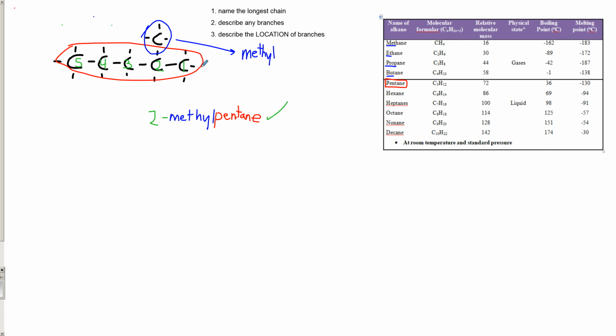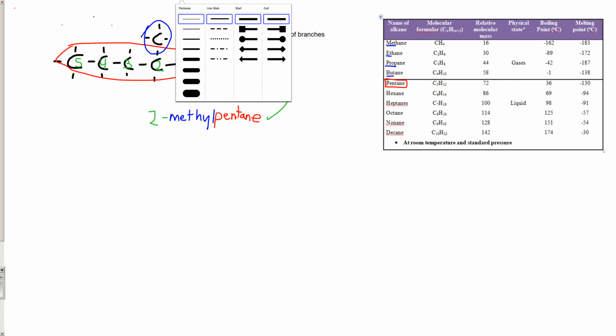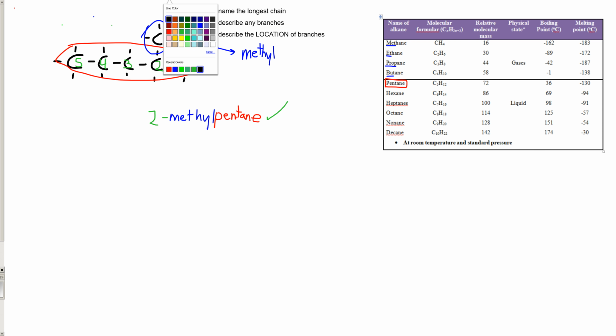So let's do a couple more examples. I'll use the medium here. All right, let's move on. Let's do another molecule. I'm going to do a 6-carbon main chain this time: 1, 2, 3, 4, 5, 6.